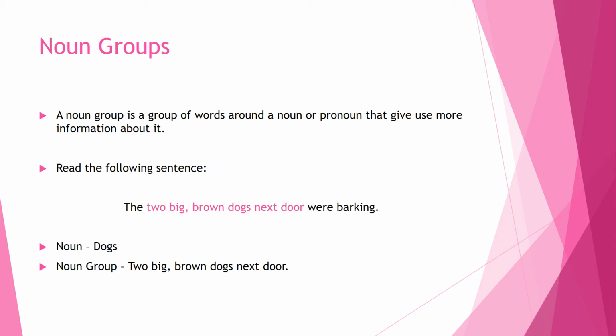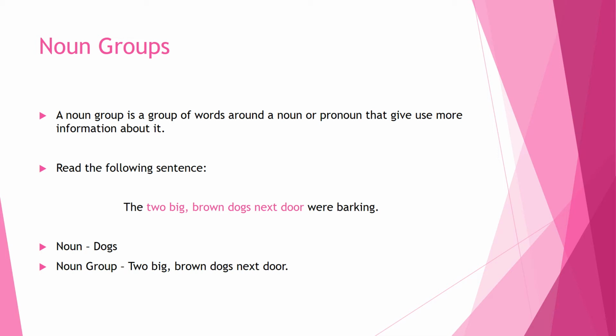Having a look at the noun groups. So remembering a noun group is a group of words around a noun or a pronoun, and they give us more information about that noun or that pronoun. So have a look at the following sentence there. The two big brown dogs next door were barking. Okay, so the noun in that is dogs, and the noun group is two big brown dogs next door.